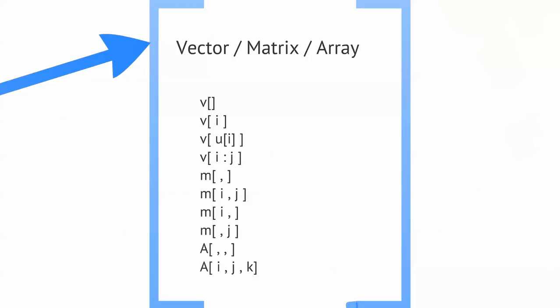And to define a matrix, we write M, and then within third bracket we give a comma to specify that there are rows and columns. Similarly, if we write M within third brackets i comma, that means I'm calling the ith row, and similarly when we write comma j, we mean the jth column. And similarly we can expand it to arrays with multiple dimensions.